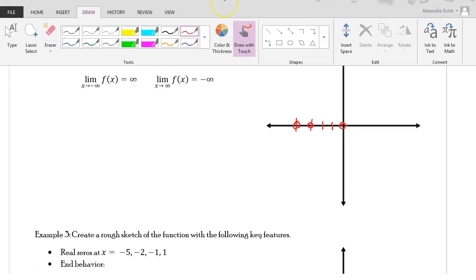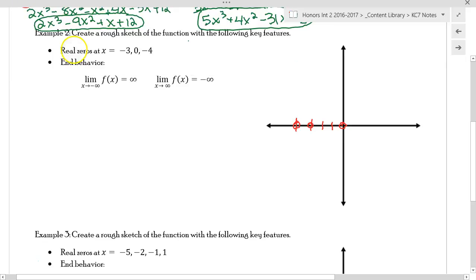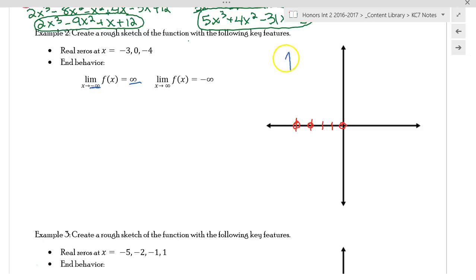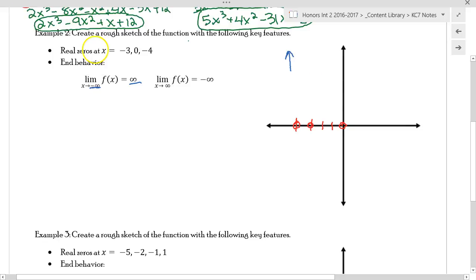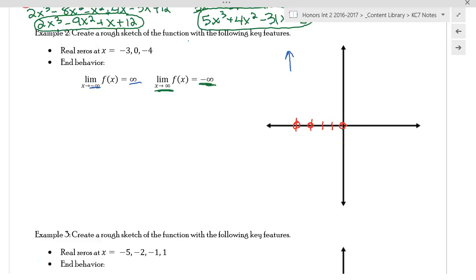Then, looking at my end behavior, on the left side, it goes down. Or sorry, it goes up towards infinity. So at my farthest left point, I'm going to put an arrow going up above it. On my right side, as x approaches infinity, it's going down. So at my farthest right zero, underneath it, I'm going to put an arrow going down.